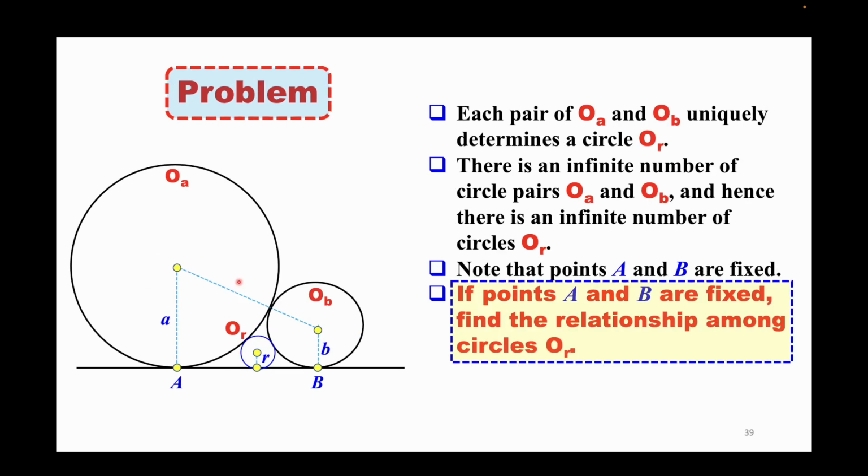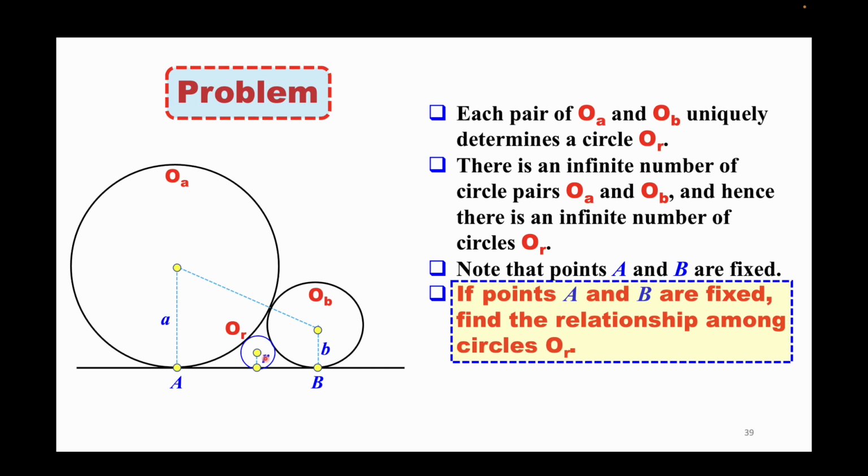Now, because each pair of circles OA and OB uniquely determines an OR, there is an infinite number of circle pairs OA and OB. Hence, there is an infinite number of circles OR. So, given a fixed line and two fixed points A and B, varying OA and hence OB, we have a whole lot of circles OR.